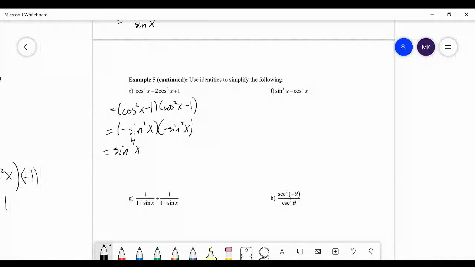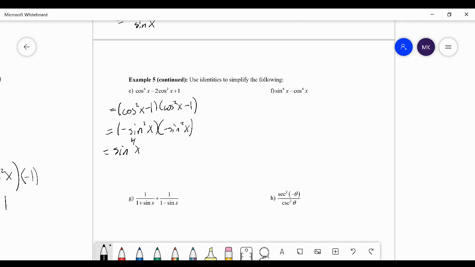Now, let's move on to f. Sine to the 4th x minus cosine to the 4th x. Again, we have these fourths, what in the world? But if I did kind of the same trick, we'd say sine squared is one variable, cosine squared is another variable. We'd have something squared minus something squared. That's the difference of squares, right?